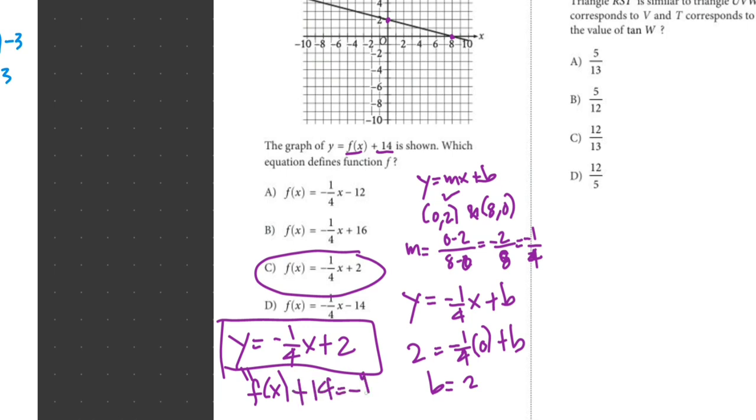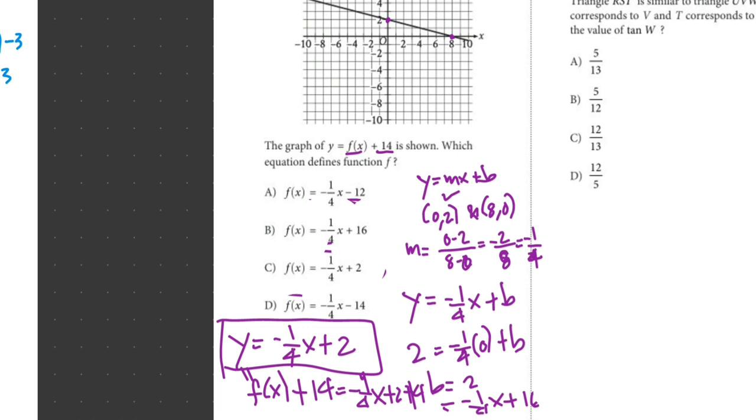So that would be negative 1/4 x plus 2 plus 14, which is negative 1/4 x plus 16. So the answer is letter B. Hold on. Letter A. Yeah, it should be letter B if you add 14.